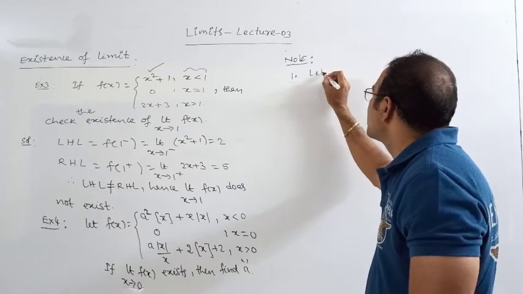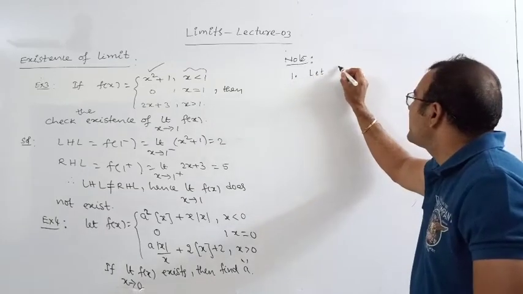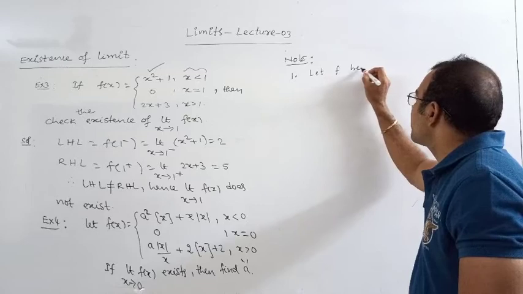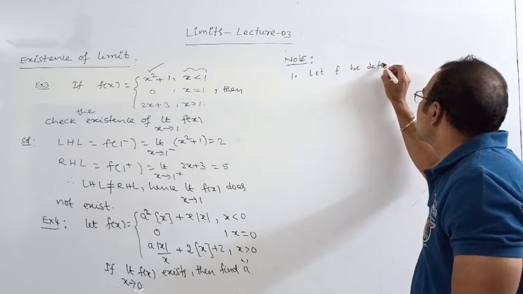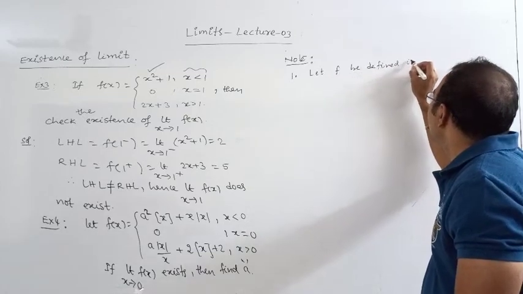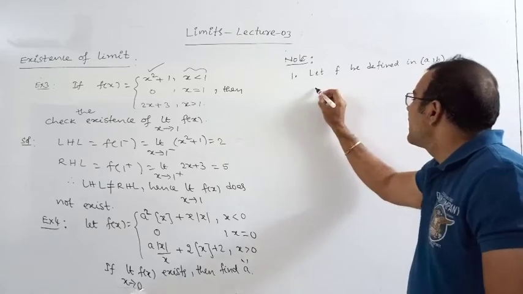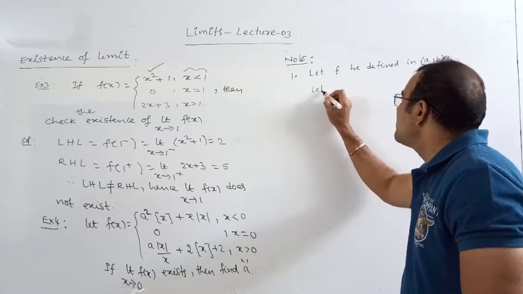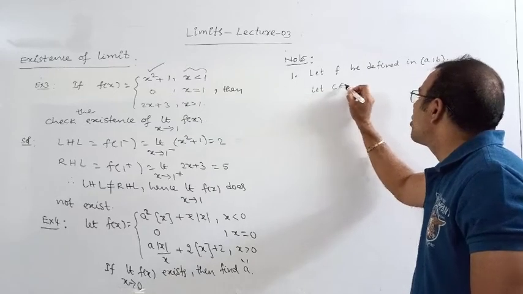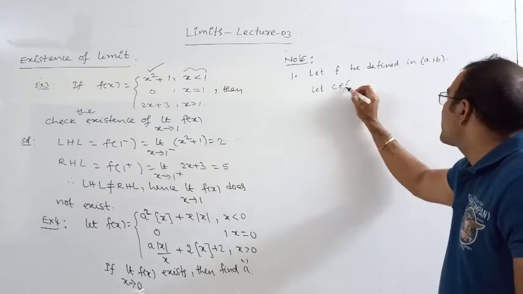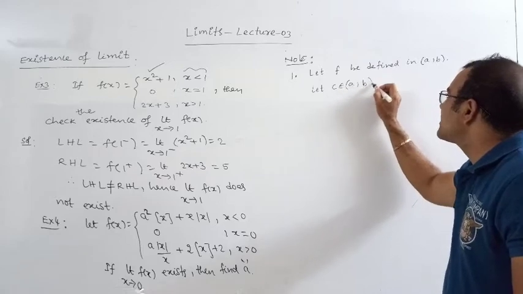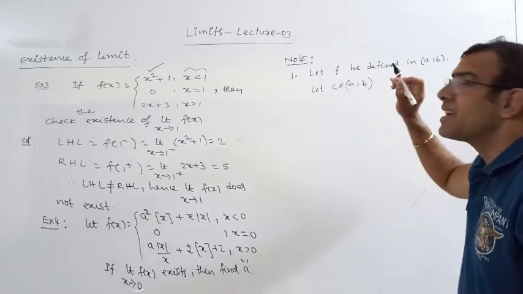Let f be defined in (a, b). Let c belong to the open interval (a, b), meaning c is an interior point of a and b.